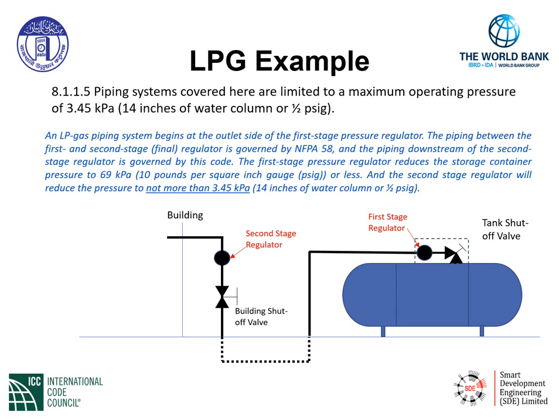The piping downstream of the second stage regulator is governed by this code. In other words, it's the outlet of the second stage regulator as it emerges from that point and enters the building. This is where we begin with the requirements set forth in this code.